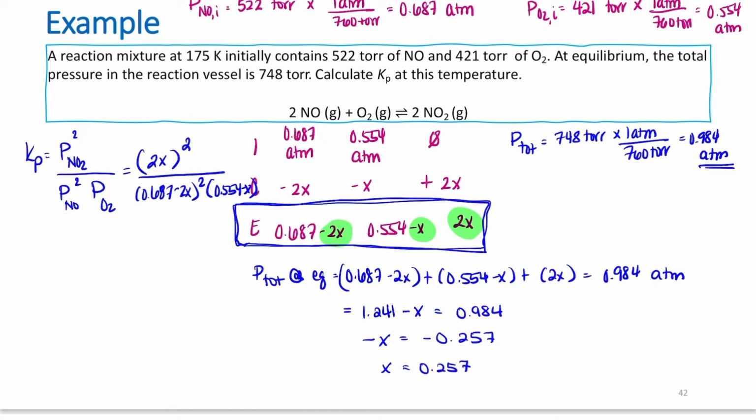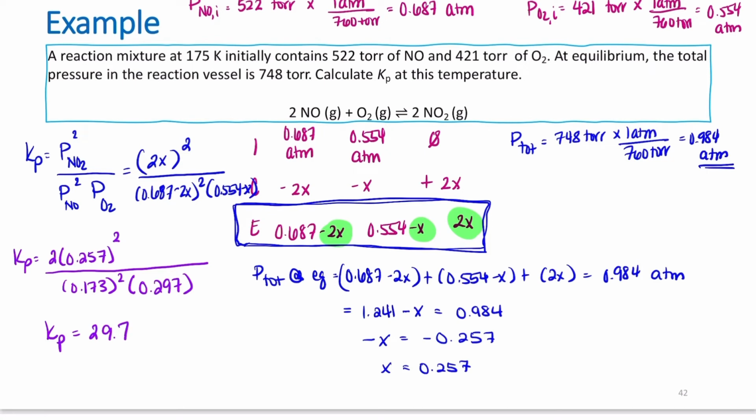Plug in the values we actually know. Kp is equal to 2 times 0.257, because I know the value of x now, quantity squared, divided by 0.687 minus 2x, which is equal to 0.173, that quantity squared, and 0.554 minus 0.257 equals 0.297. I find my Kp for this to be 29.7.